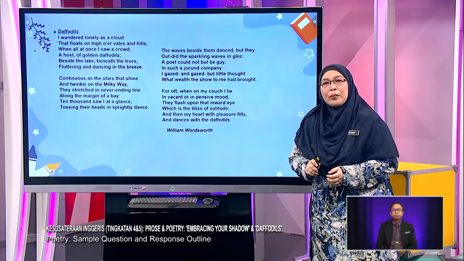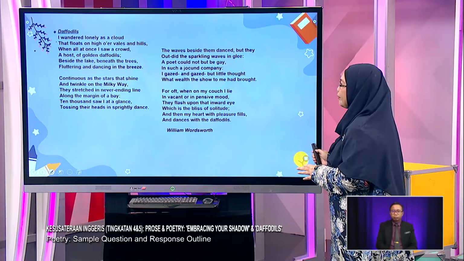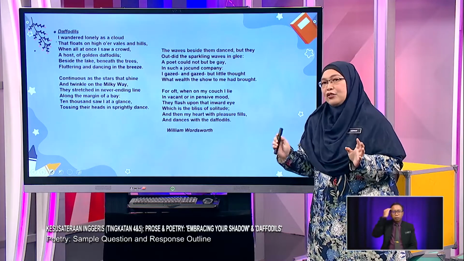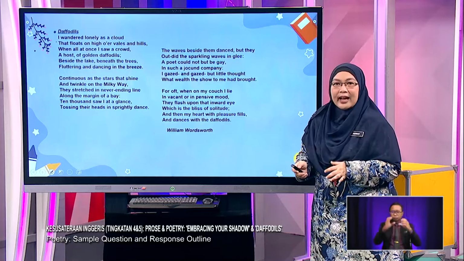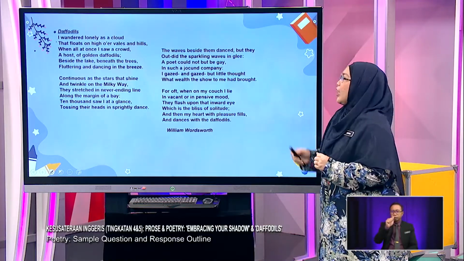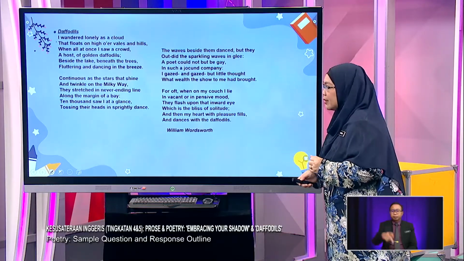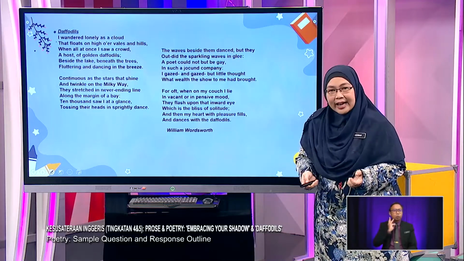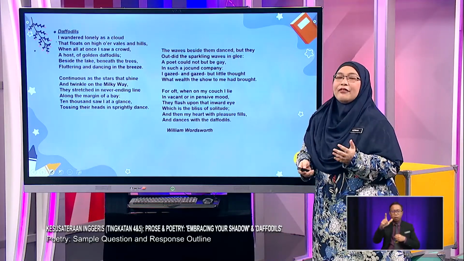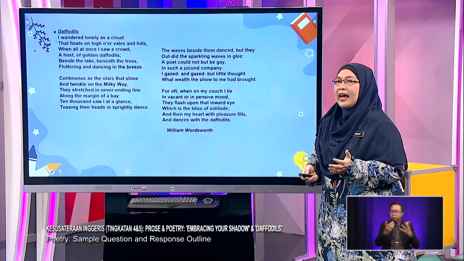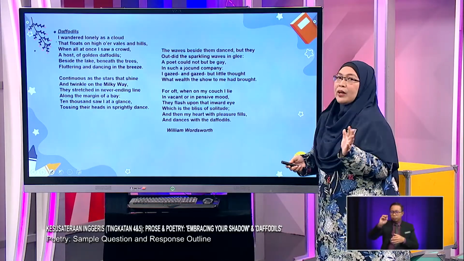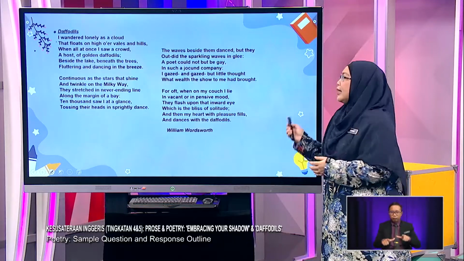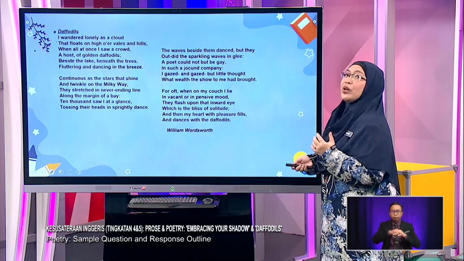All right, so we're looking again at the poem. You know already it's got 4 stanzas, or each stanza is recognized as a sestet, the quatrains and the couplets. We have already taken a look at the various devices that are found in this poem. So what's left would be to take a look at the question.